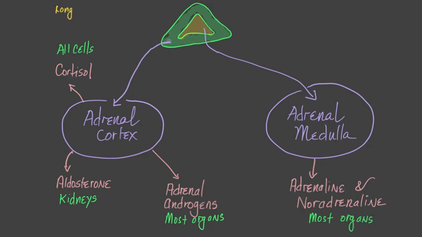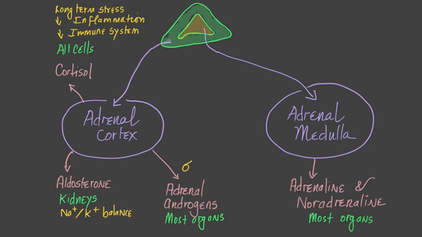Now for their functions. Cortisol prepares the body for long-term stress. It raises the blood glucose levels, it lowers inflammation, and also depresses the immune system. Aldosterone, its function is to maintain sodium-potassium balance.